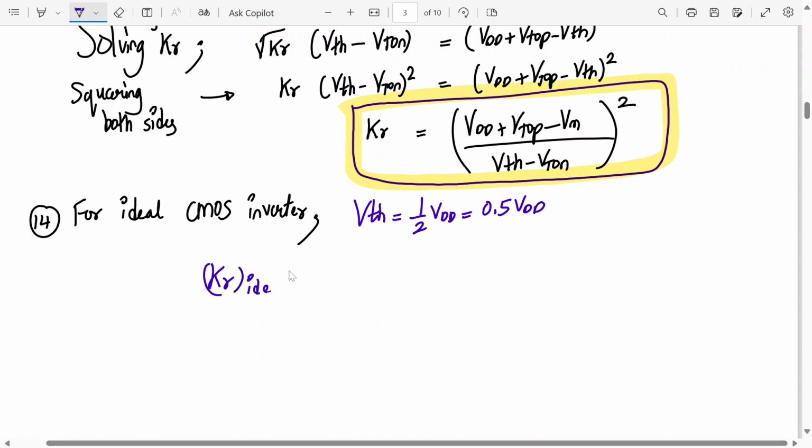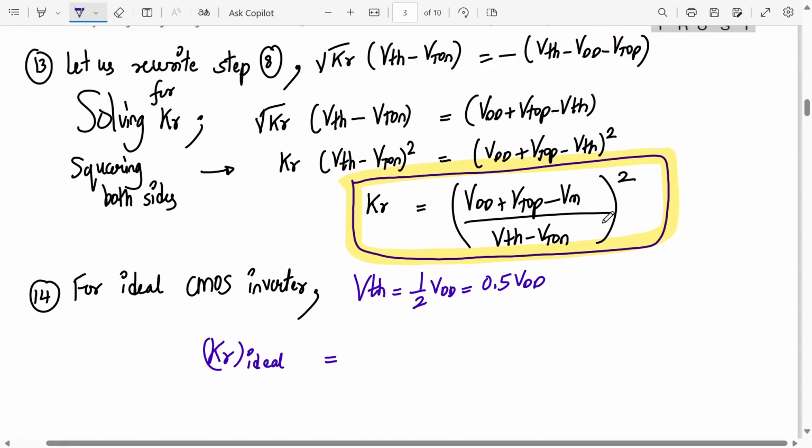So Kr ideal will be given by this equation, where we'll substitute. Here Vdd minus, oh sorry, what is this Vm? This should be Vth. You didn't remind me, this is the Vth term.